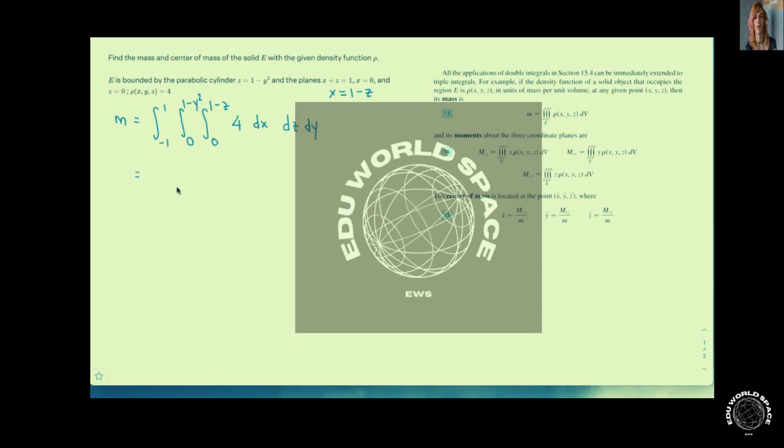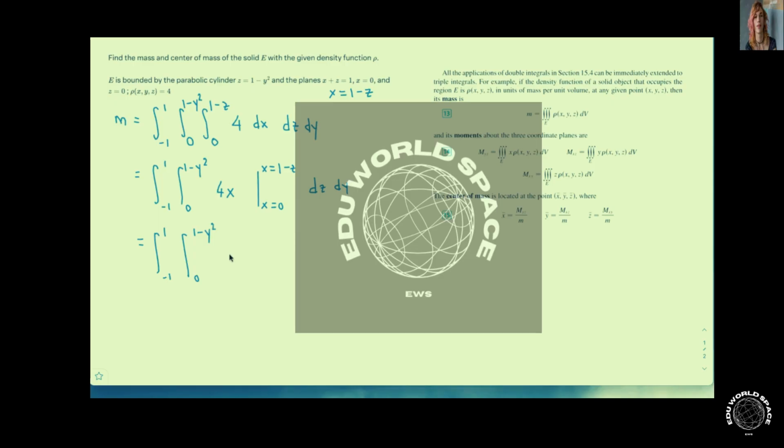Okay, so we can integrate this. So it'd be -1 to 1, 0 to 1 minus y squared. The antiderivative with respect to x is just 4x, evaluated from x is 0 to x is 1 minus z.